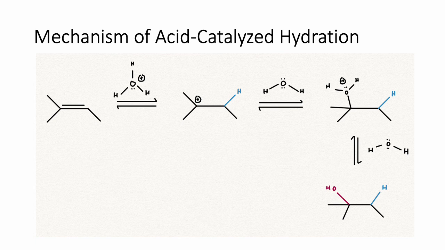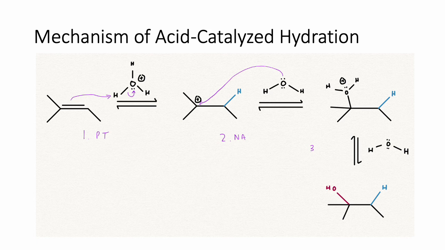So the mechanism for acid-catalyzed hydration is very similar to hydrohalogenation. The first step is proton transfer, where the pi bond acts as the base and hydronium acts as the acid, and this forms a carbocation. The next step is nucleophilic attack, where water serves as a nucleophile and attacks the carbocation.